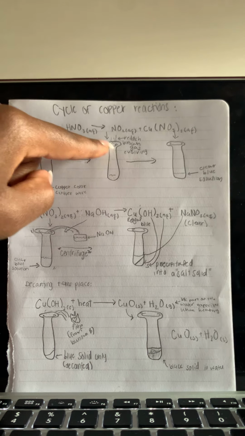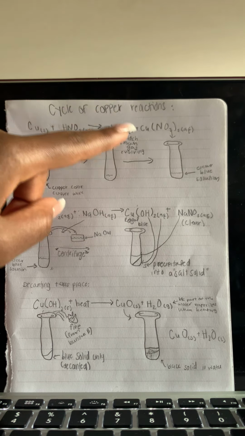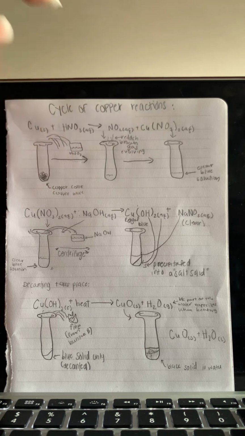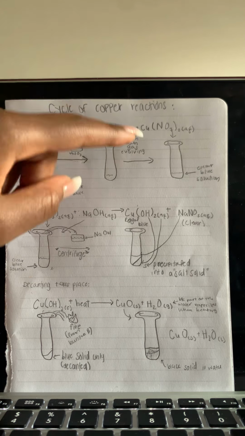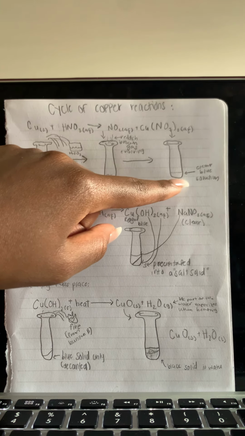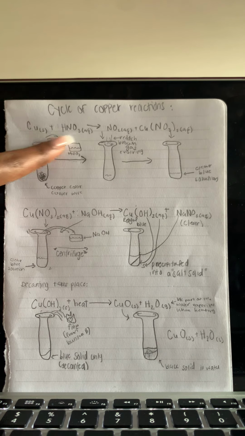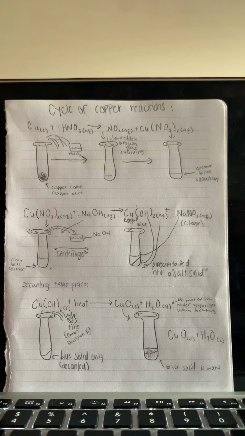The gas is evolving, and our final product at the end is the clear blue solution of copper 2 nitrate. And then this is our equation up here.